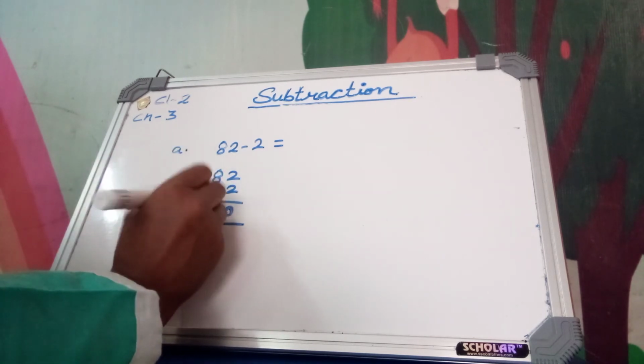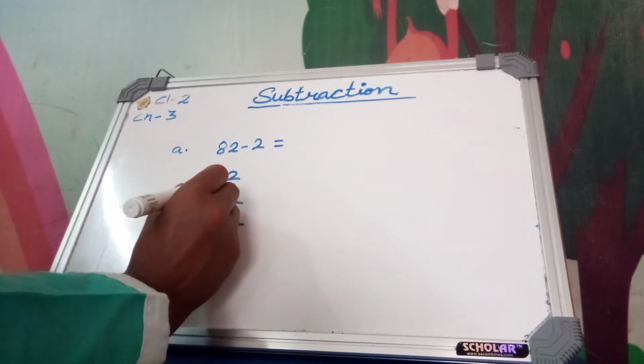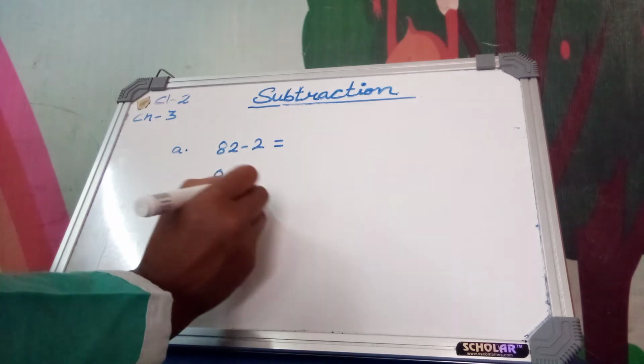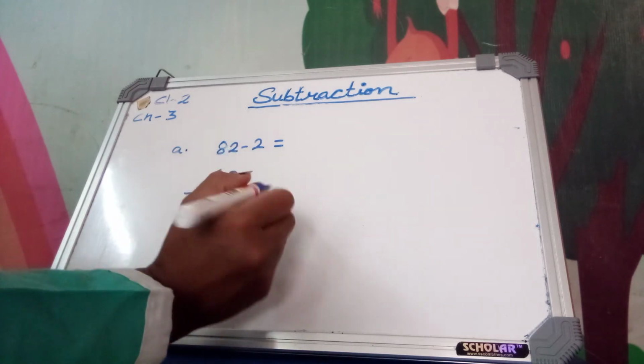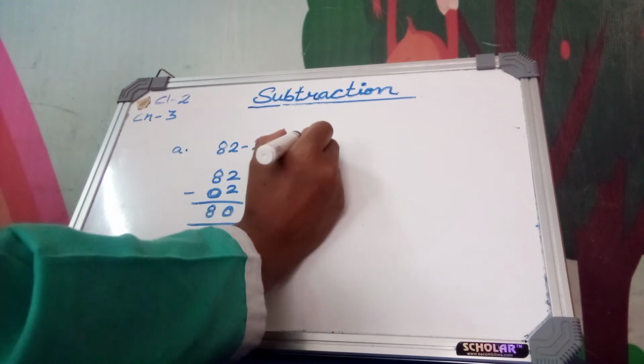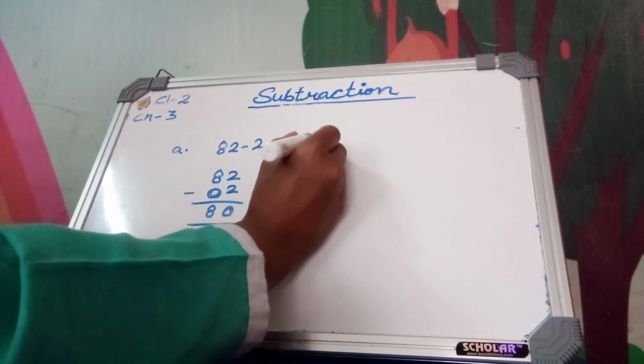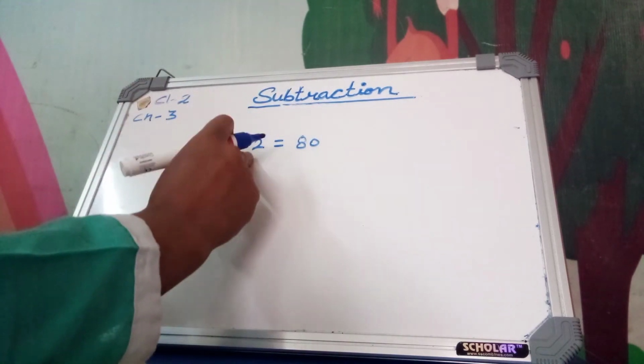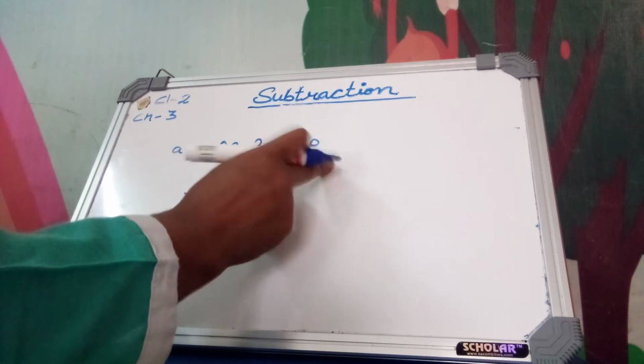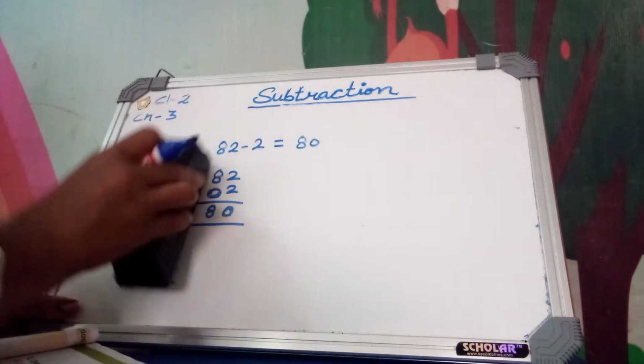Here, because there is not any digit, we will write 0 here. The answer will be 80. 82 minus 2 equal to 80 is our answer.